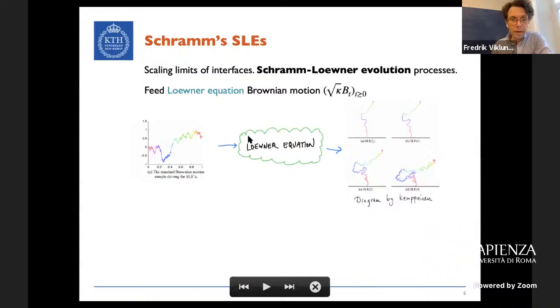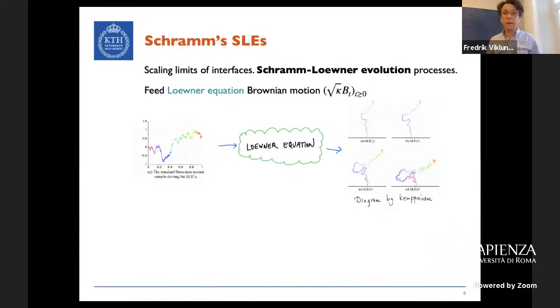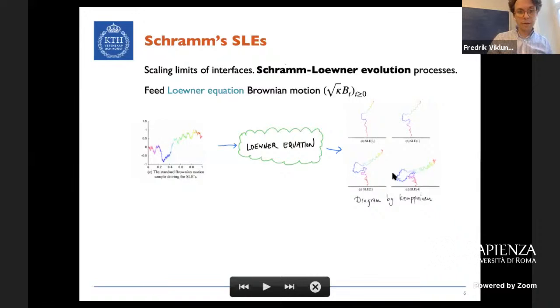If we feed this Brownian motion times root kappa into the Loewner equation, we get a curve running in the upper half plane connecting the origin with infinity. The way this curve looks depends strongly on the kappa parameter. If you increase kappa, you get a rougher curve.